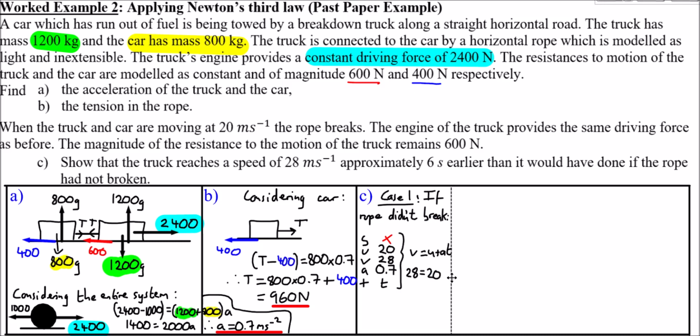Give myself a bit more space, never seem to give myself quite enough. 28 equals 20 plus a, which is 0.7, times t, which we're trying to work out. So therefore, t would equal 28 minus 20 divided by 0.7.